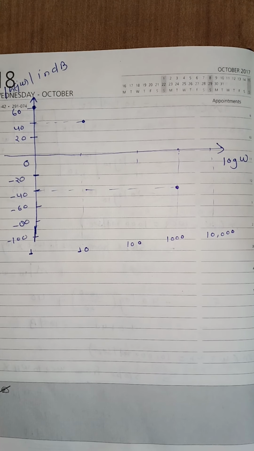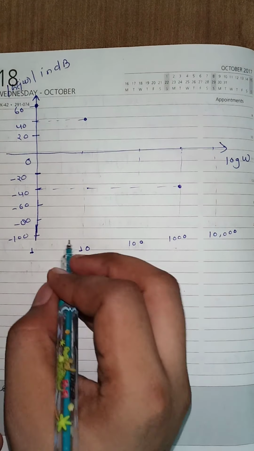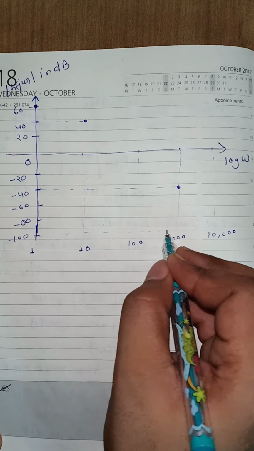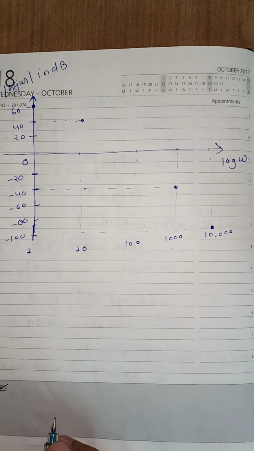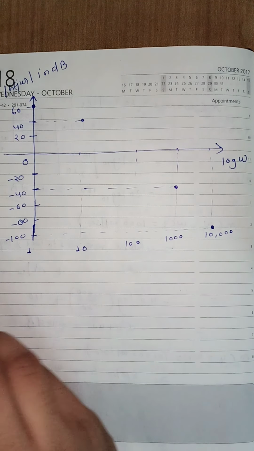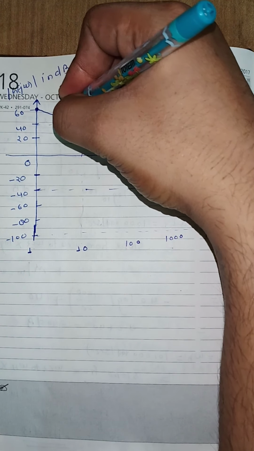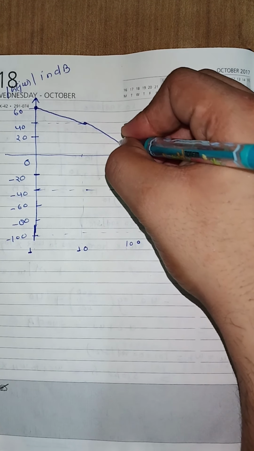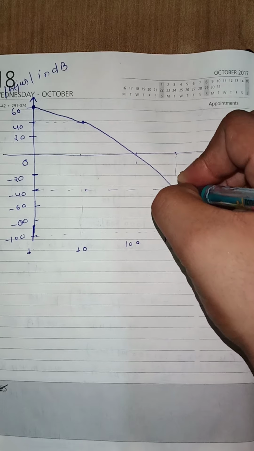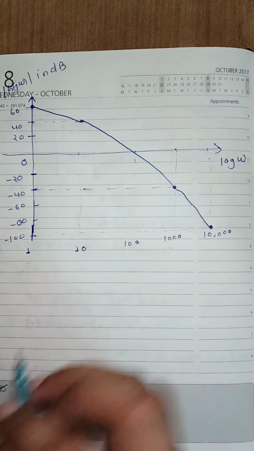And for 10,000 we have minus 100 dB. Just join all the points with the help of a scale, not freehand.